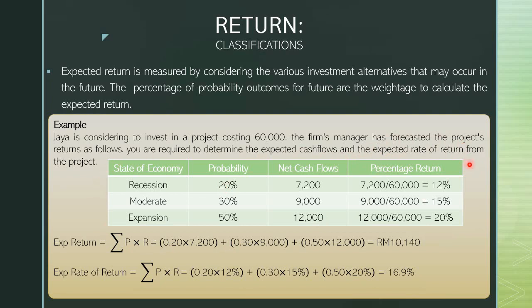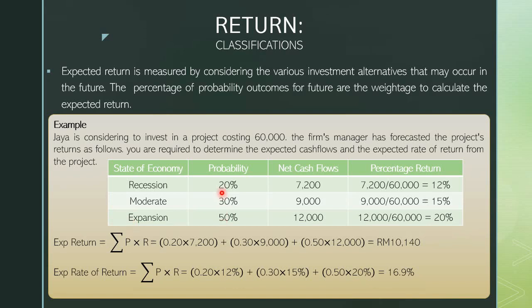So this is the forecasting that the company has done, in which they have anticipated three forms of economic situation, meaning that next year the economy might be in recession, or the economy might be in moderate situation, or the economy might experience expansion or booming economy.